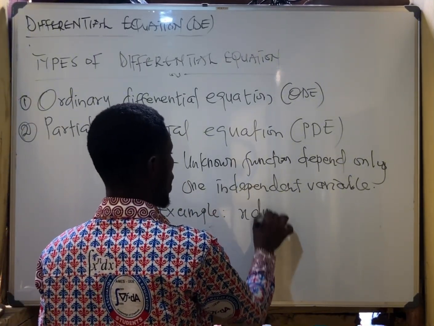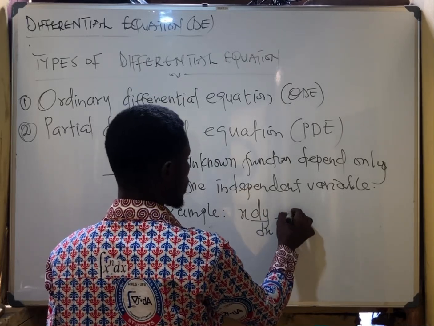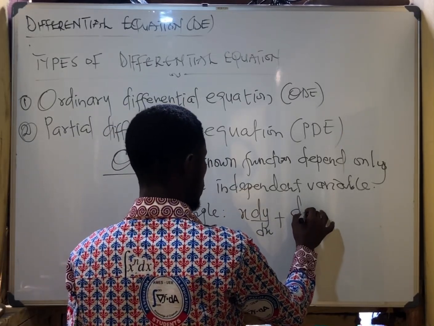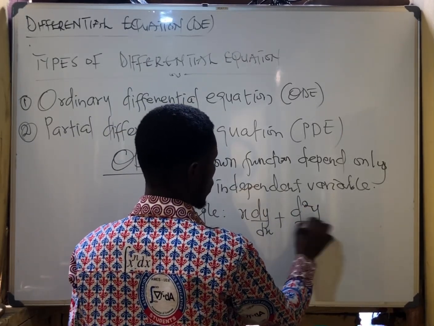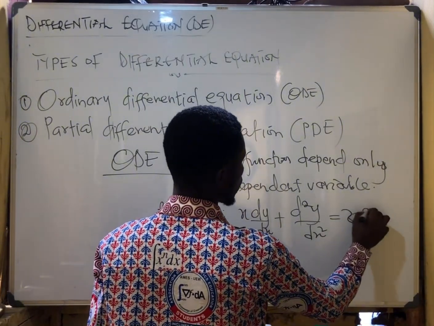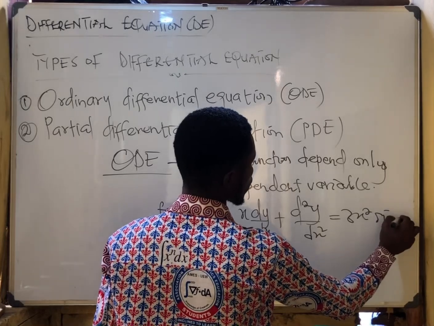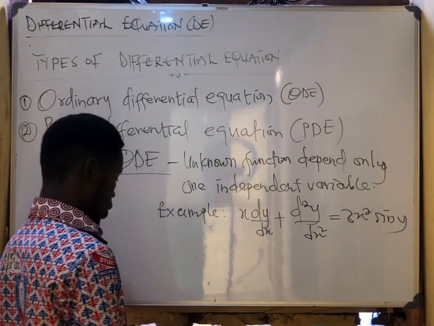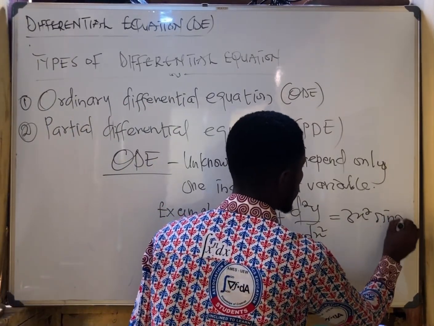So for example, we have x dy/dx plus d squared y/dx squared equals 3x squared sine x.